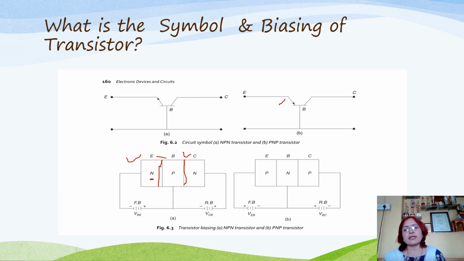The N-type collector is connected to the positive terminal of battery and therefore collector base junction is reverse biased. Same we can define for the PNP transistor. So regarding biasing of transistor, the biasing is done in such a way that emitter base junction, input junction, is forward biased and output junction, collector base junction, is reverse biased.